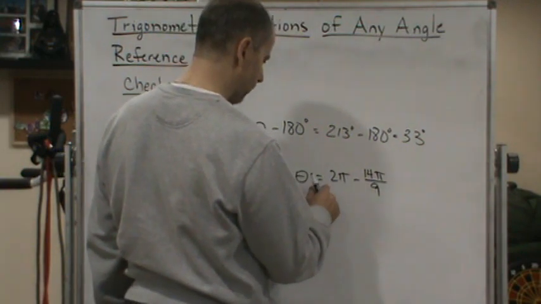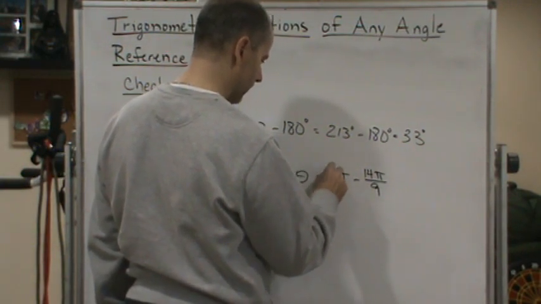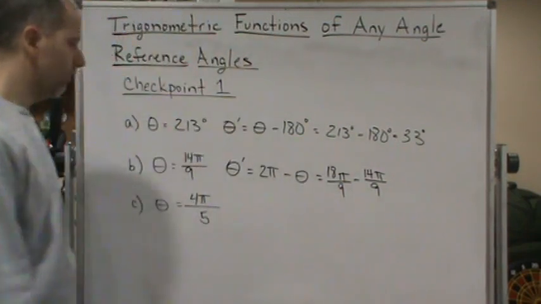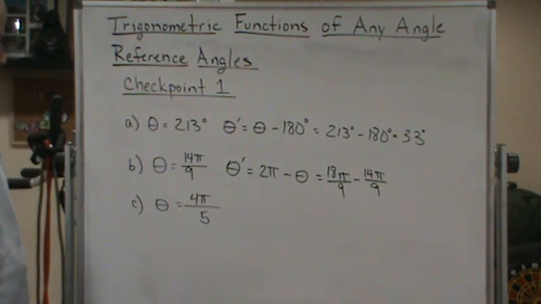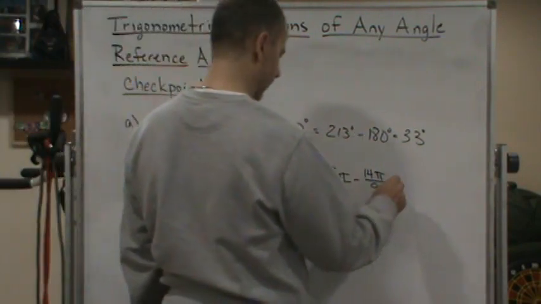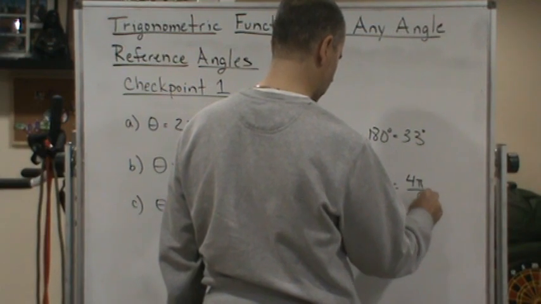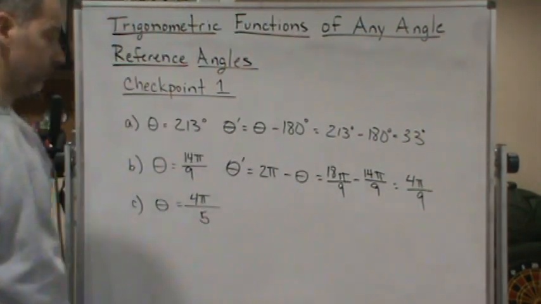And so I'm going to make this into 18 pi over 9, right? So I can subtract them. And so what do I get? I get 4 pi over 9 as my reference angle.